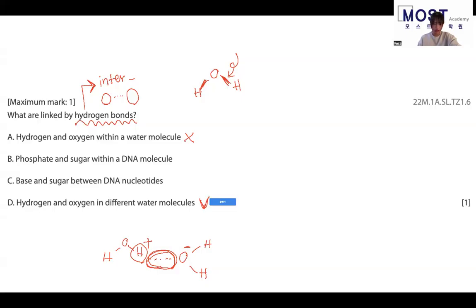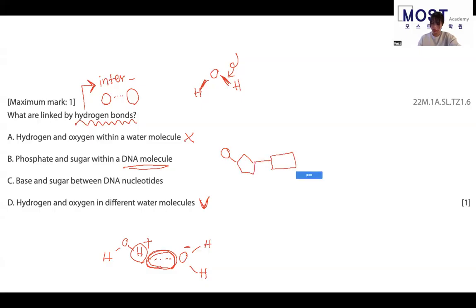We can actually look at option B and C as well. Option B says phosphate and sugar within a DNA molecule, right? So DNA is actually a macromolecule that's composed of a chain of nucleotides. And a nucleotide has a structure like this.